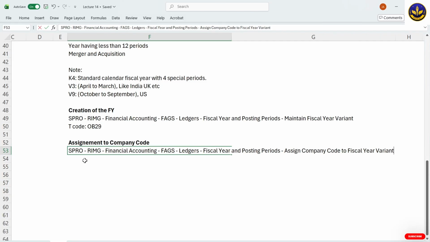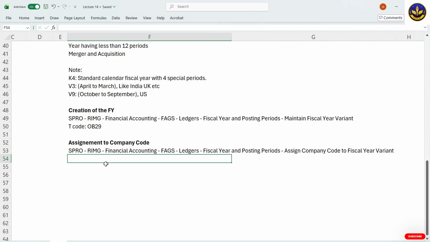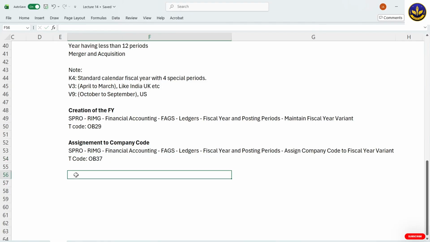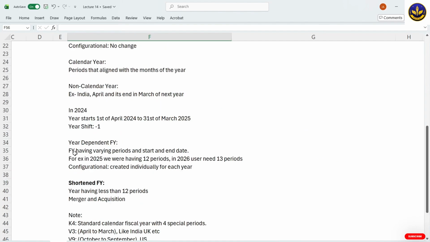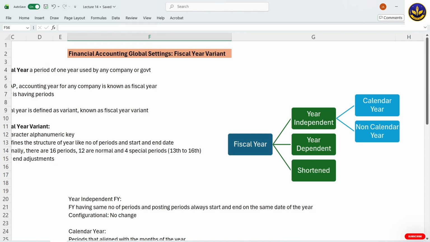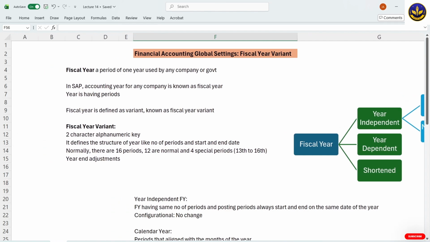So this is the path, and again we have a T code for this. The T code is OB37. So I think this is the brief of our session on the fiscal year variant, the theoretical part.